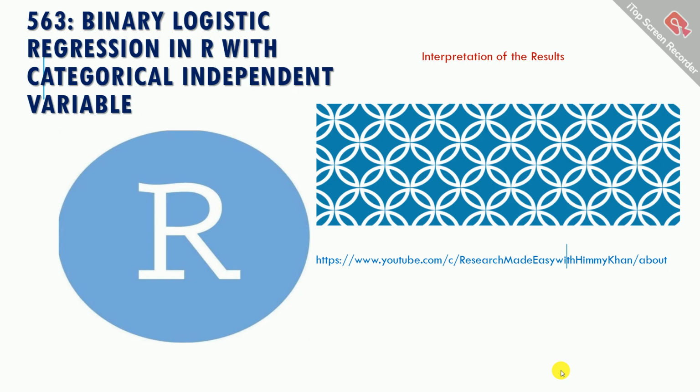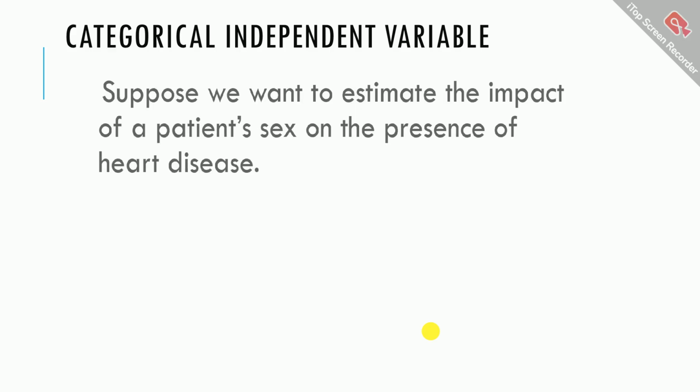In this video, I am also using a binary logistic regression model in R, but this time instead of a quantitative variable, I am using a categorical independent variable in my regression model, and I'll interpret the results as well.